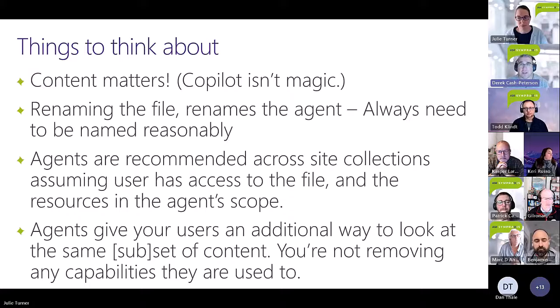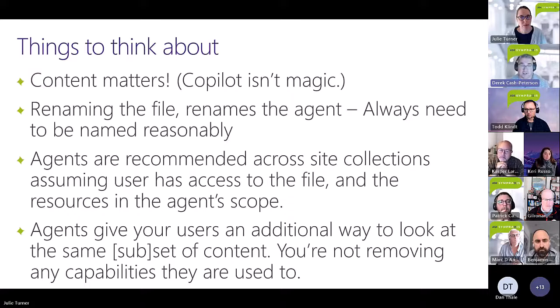Keep in mind that if users have access to this Copilot, they could potentially see it across site collection boundaries. So just calling it documents or calling it policies wouldn't really matter if you've got multiple policy agents across the site.